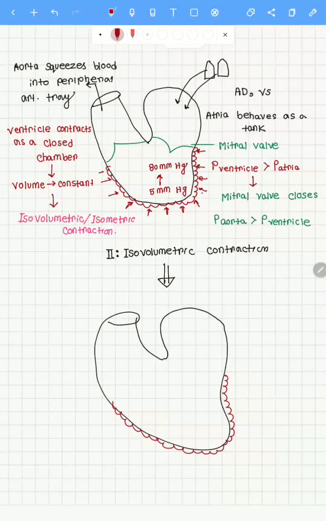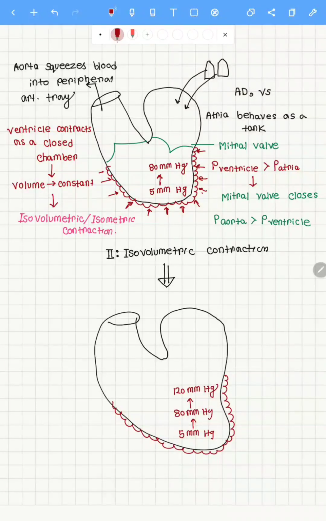Now, as the ventricle is contracting, the pressure in the ventricle will go high up. In the previous phase, the pressure went up as high as 80 mm Hg. It will go further higher, up to 120 mm Hg.